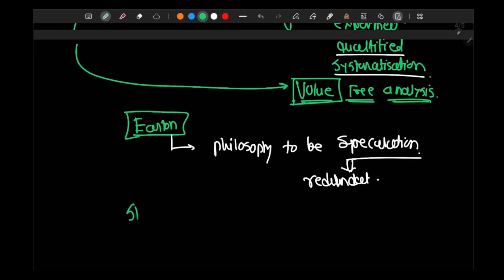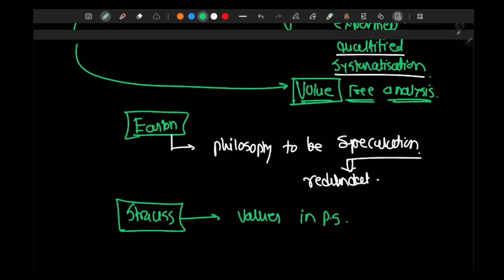Against this, Strauss brings out the importance of values in political science, the importance of norms in political science. So this is traditional approach number one, the philosophical normative approach to political science, whereby thinkers talk about philosophical ideas, metaphysical ideas, normative ideas.